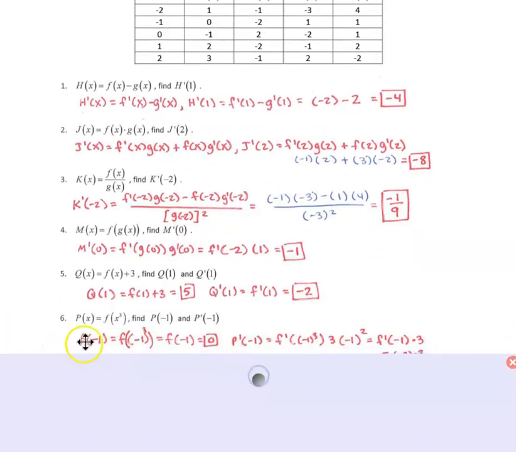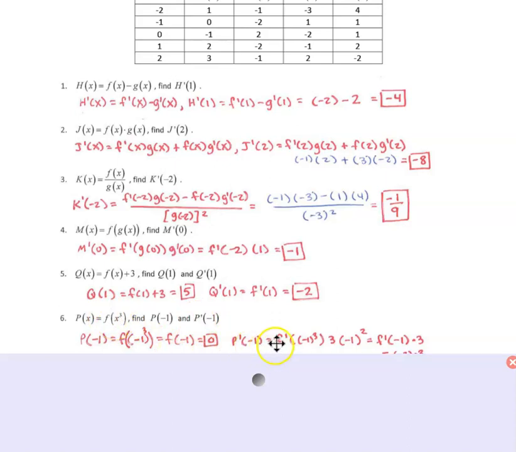Number 6, we have a chain rule problem. First, we're doing just p of negative 1. So we just need f of negative 1 cubed, which is f of negative 1, which is 0. Then for the derivative, we have a chain rule problem.